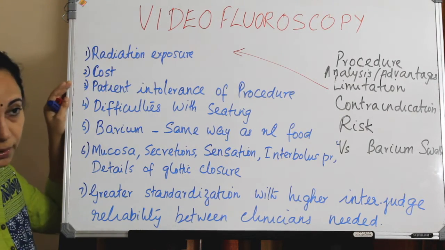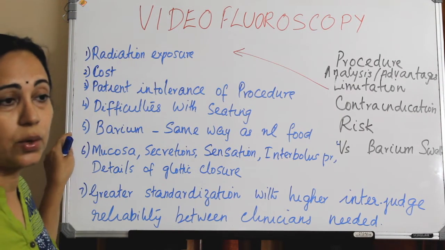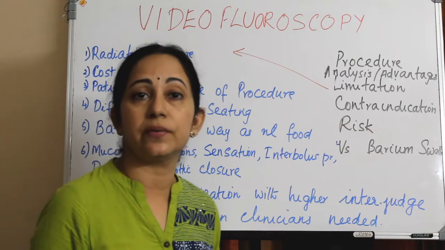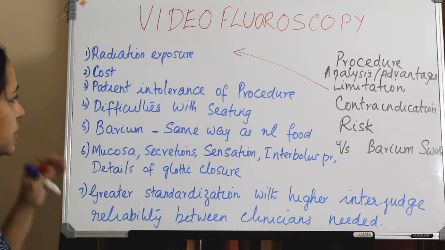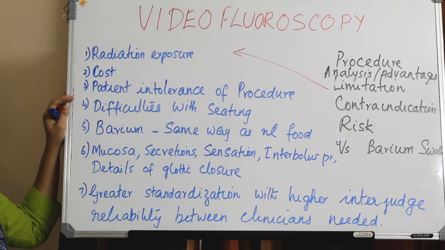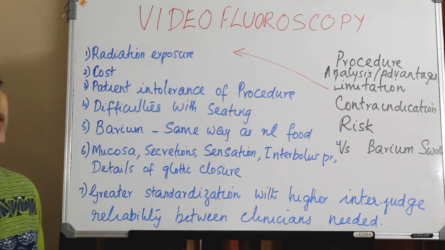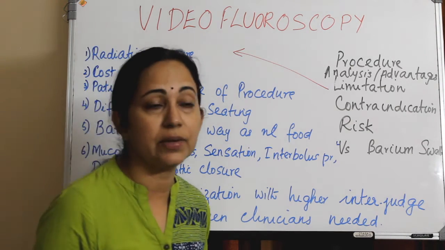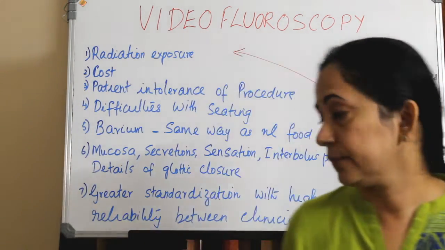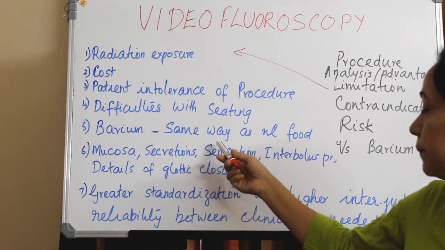And the cost is high because of the instrument, and multiple staff are needed, so the cost is a problem. Sometimes the patient can be intolerant to the procedure, and there are also difficulties with seating, especially in very confined spaces, so that is also a disadvantage.